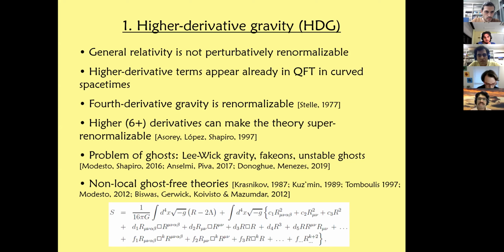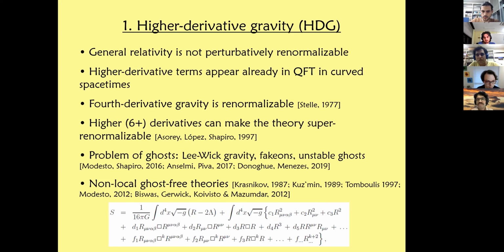The main idea for higher derivatives is that general relativity is not perturbatively renormalizable, and the higher derivative terms appear already when you do semi-classical gravity, that is, quantum field theory in curved space-time. Higher derivative terms with fourth derivatives of the metric appear as divergences of the vacuum diagrams that you have to regularize.